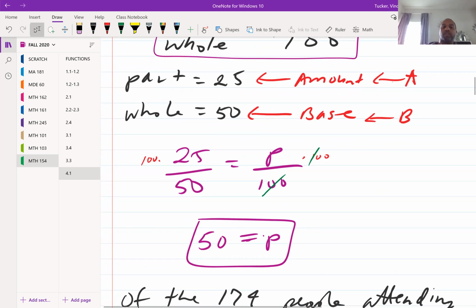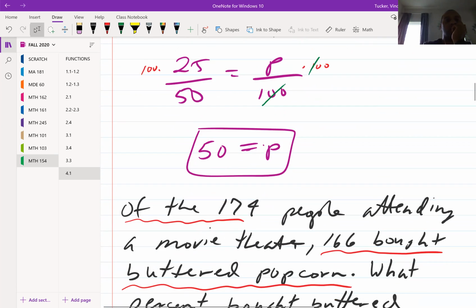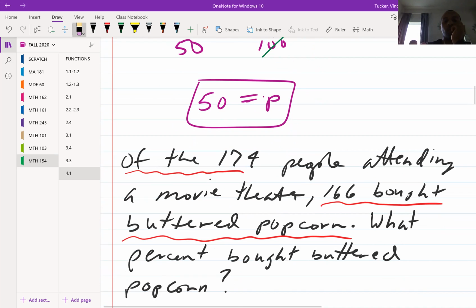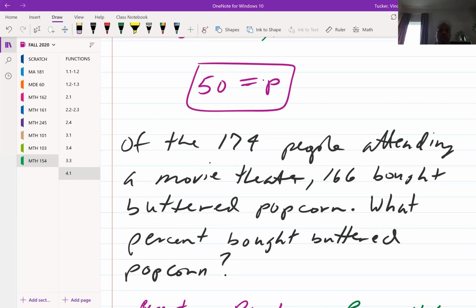All right. Questions on that one before we look at the next one? All right. So here, of the 174 people attending a movie theater, 166 bought buttered popcorn. What percent bought buttered popcorn? All right.